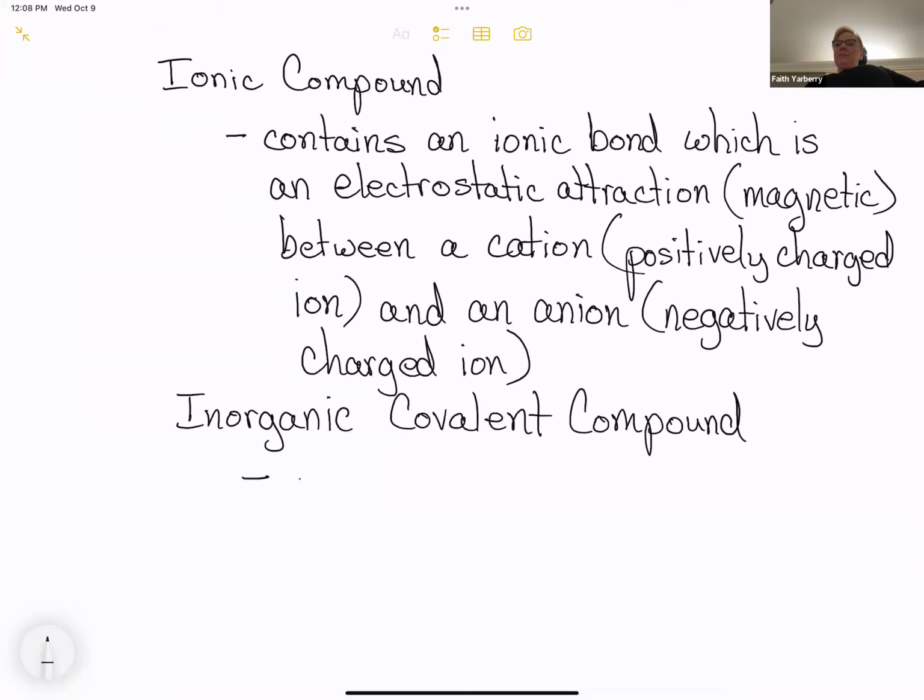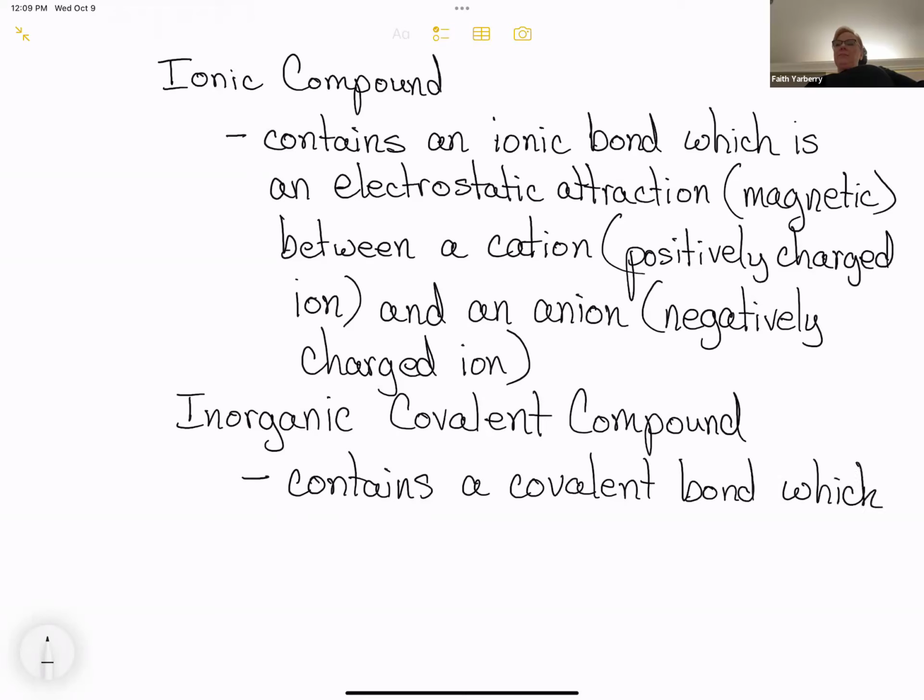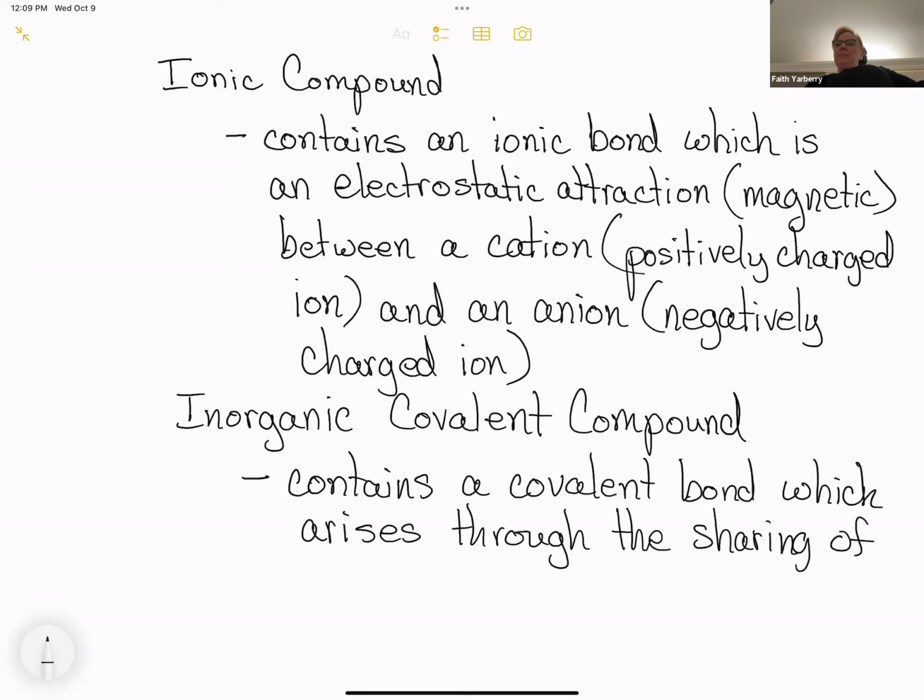A covalent compound contains a covalent bond, which arises through the sharing of electrons between two atoms.